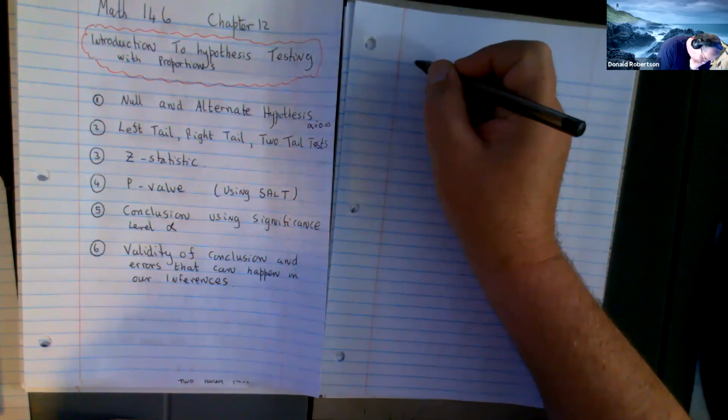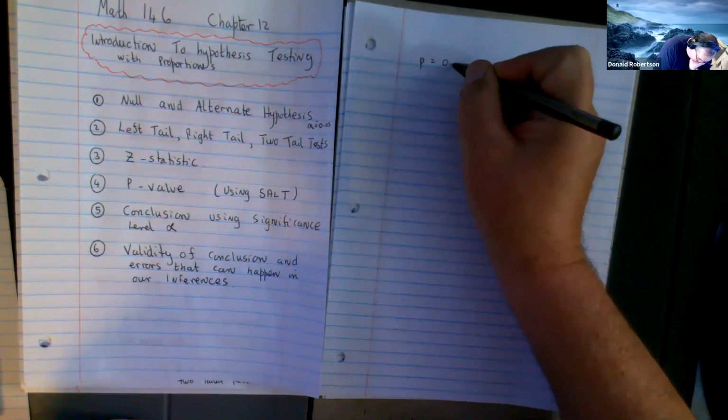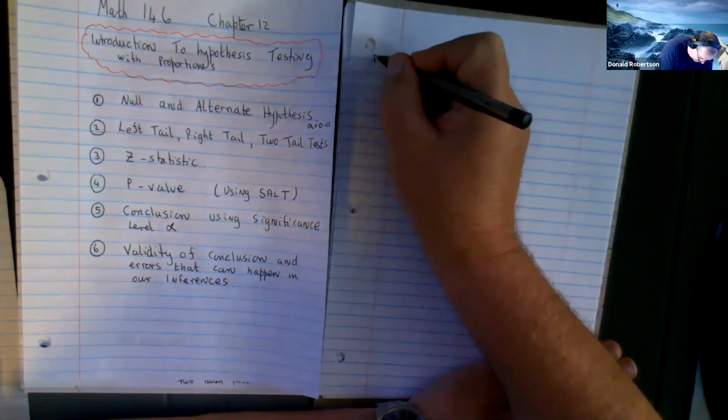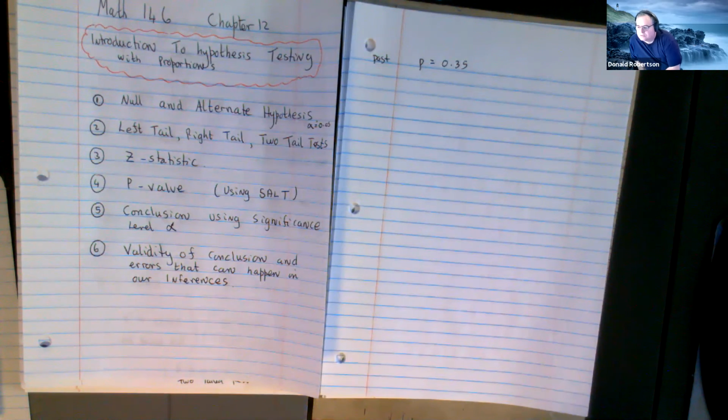And we asked them, oh, I don't know, 20 years ago. Okay, maybe 50 years ago would be more realistic. 50 years ago, have you flown in a plane in the last year? And 35% of the people said yes.